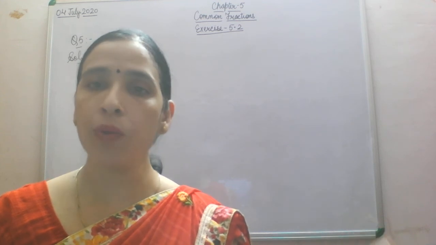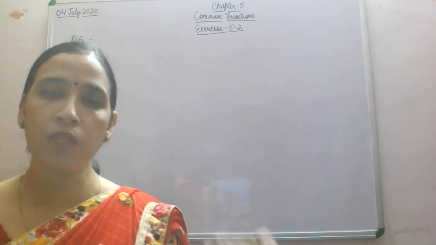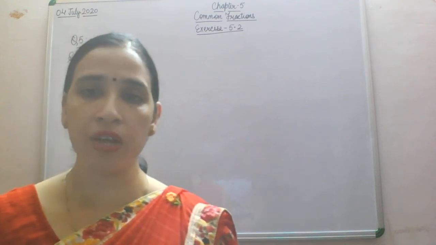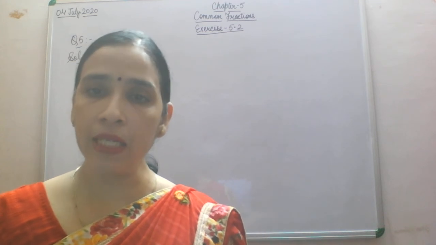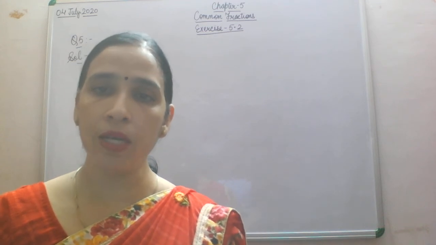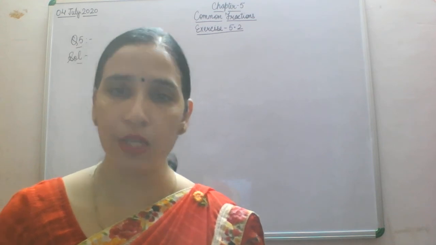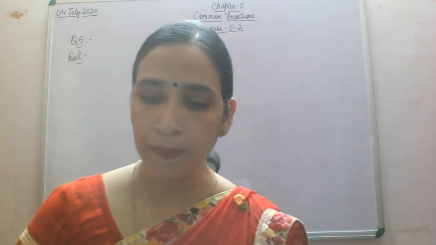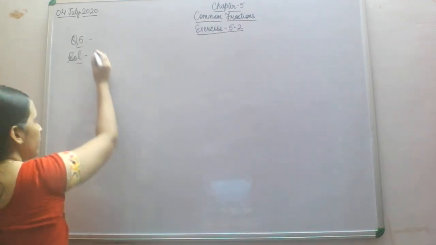After that we are going to compare the fraction and then we will find out which fraction is lesser or which fraction is greater. As greater fraction person is going to take more time to write the examination. So let's start that.